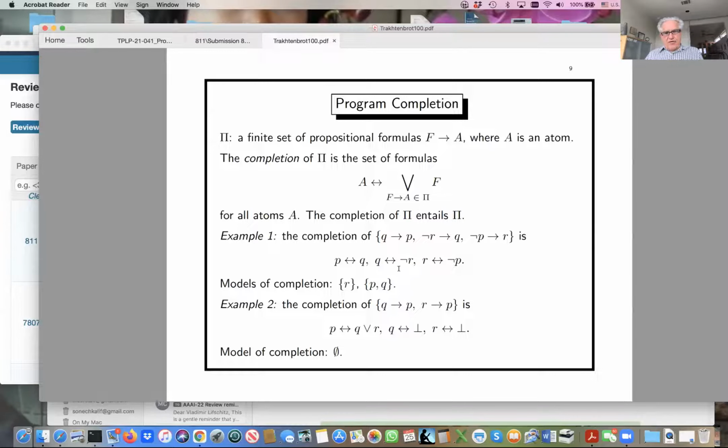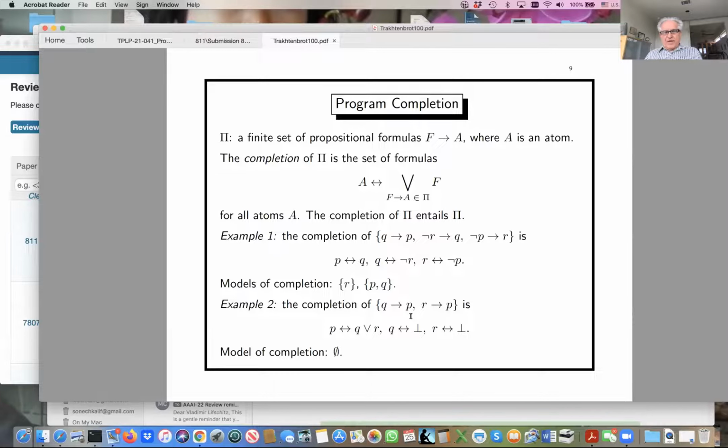And if you look at the models of this set of equivalences, which is a little stronger than Π itself, you'll see that this set of completed definitions has two models, and they're exactly the stable models of this set. So we see this match, which shows that completion is maybe promising as a tool for generating stable models using SAT solvers.